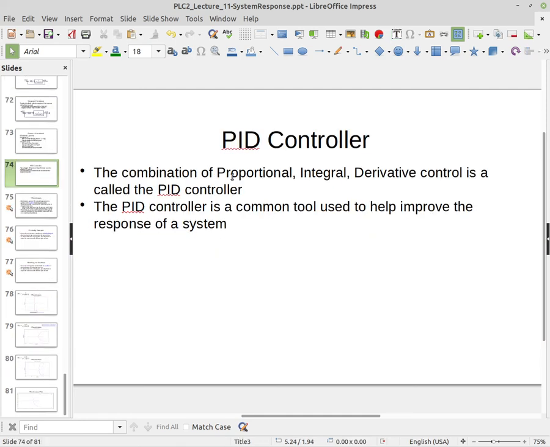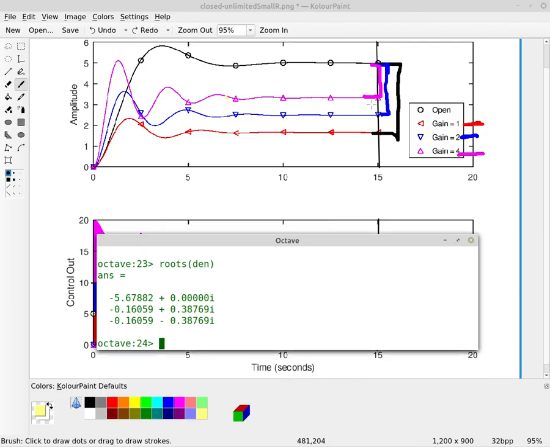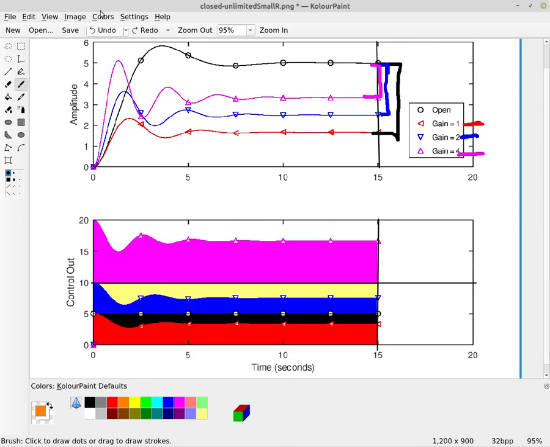All right, and so you can do just P control. P means proportional. Proportional is what I was showing here. These are just simple proportional controllers. And as you increase the gain with a proportional controller, you get a couple of things happening. Number one, you get the system to respond faster.